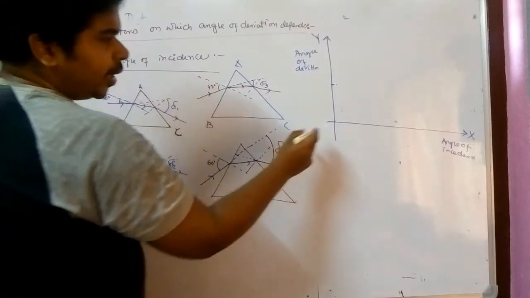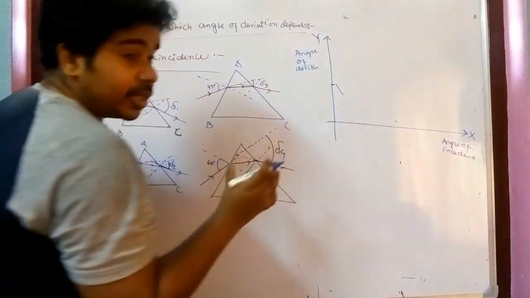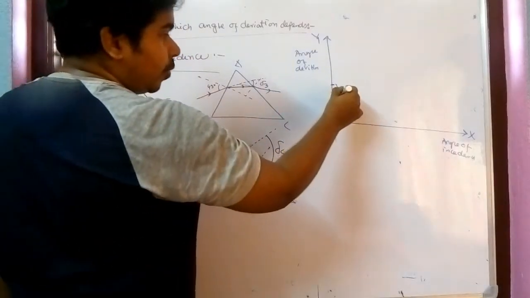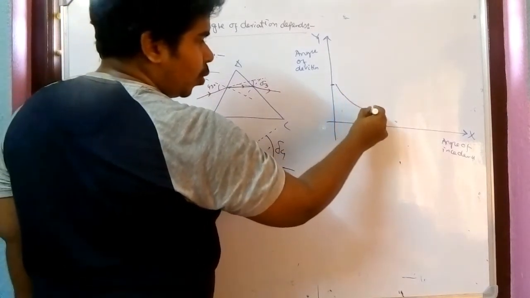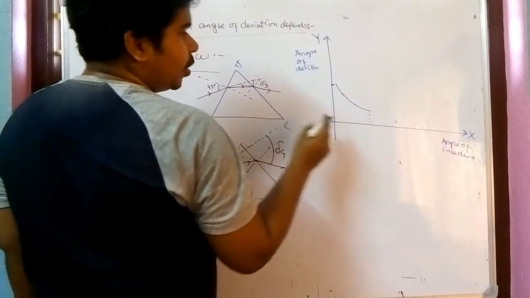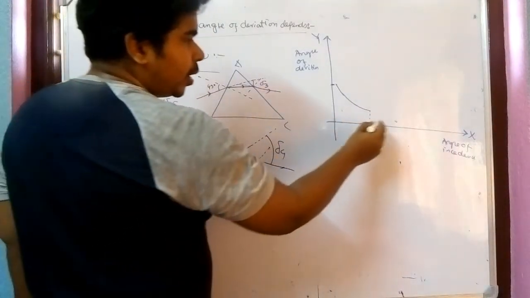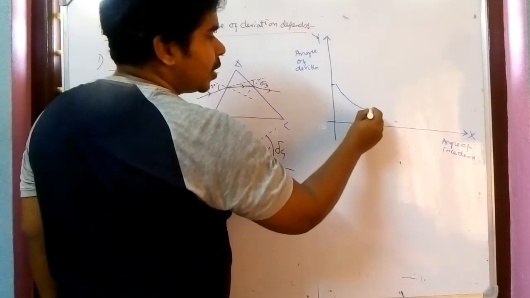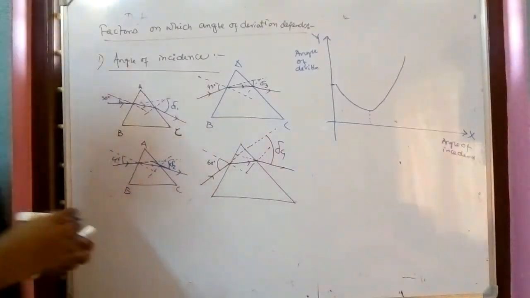If I increase the angle of incidence, we have seen the angle of deviation is decreased. If I increase the angle of incidence more, up to this region we have seen that the angle of deviation is decreased. But after that, if we increase the angle of incidence, suddenly the angle of deviation is increased.